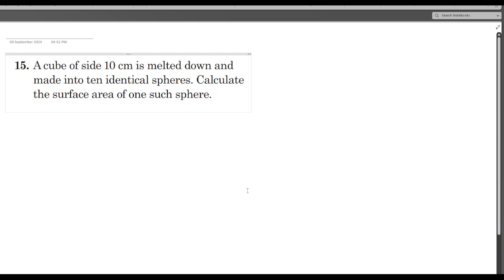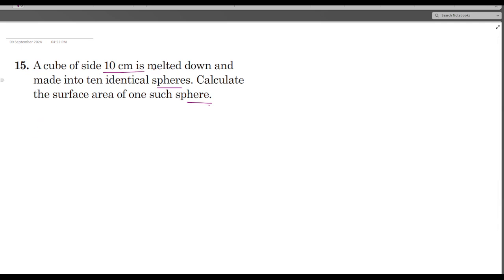Question number 15. A cube of side 10 centimeter is melted down and made into 10 identical spheres. Calculate the surface area of one such sphere. For the cube, the side length is given as 10 centimeter.